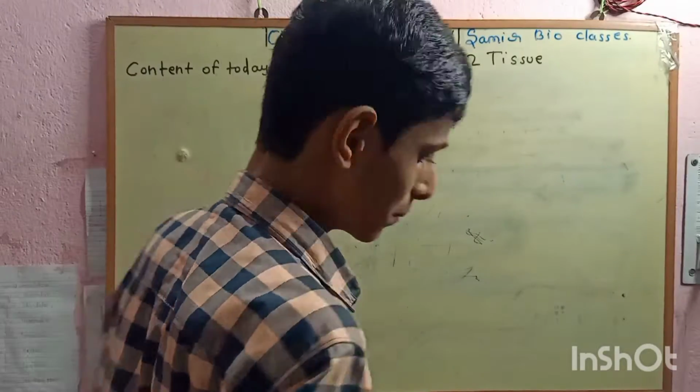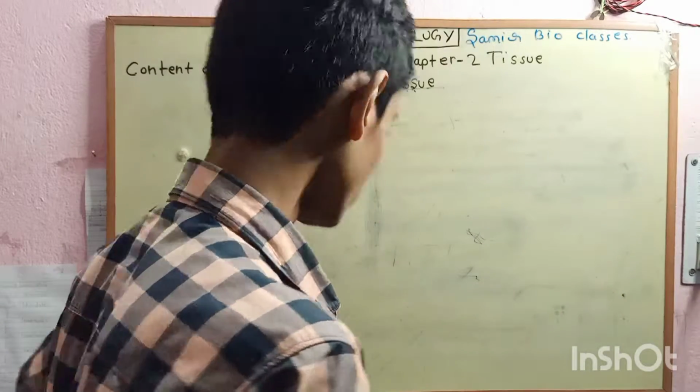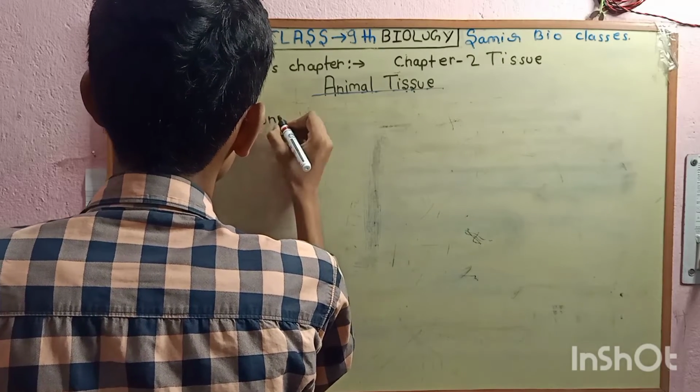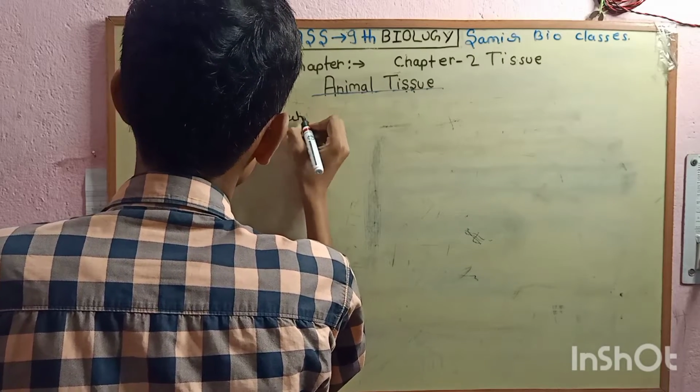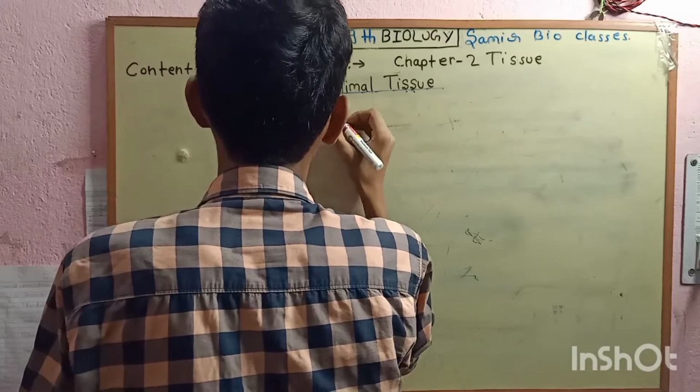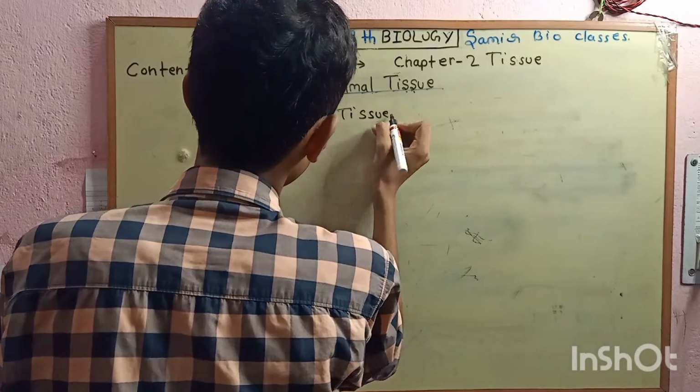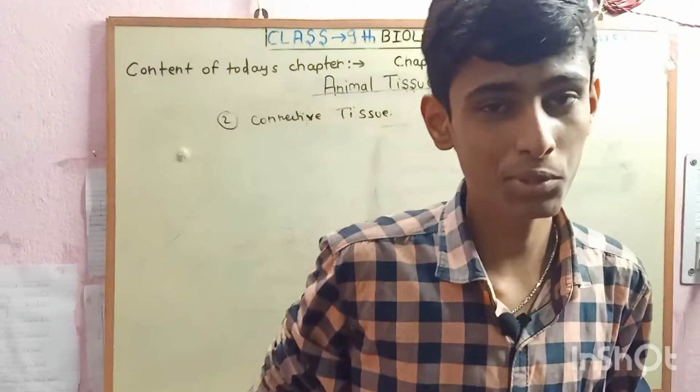So the second kind of animal tissue we are going to discuss is connective tissue. In connective tissue there are various kinds of tissue: bone, blood, ligament, tendon, cartilage, adipose, areolar.